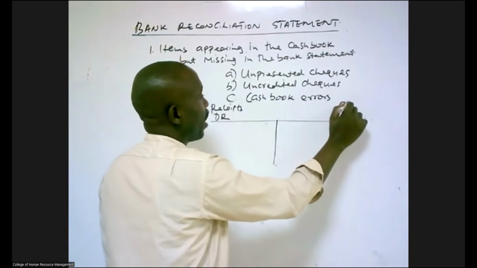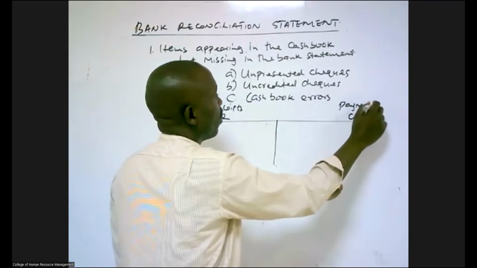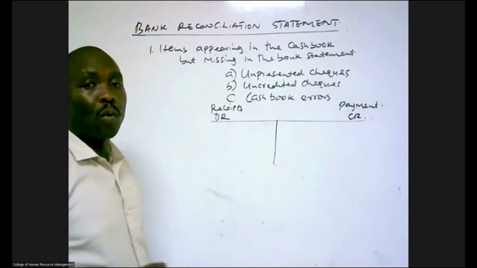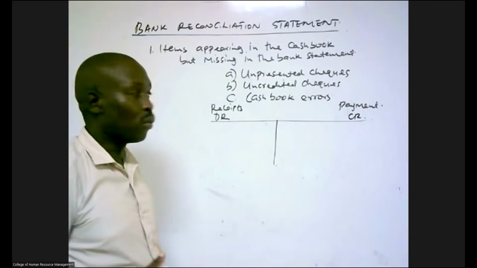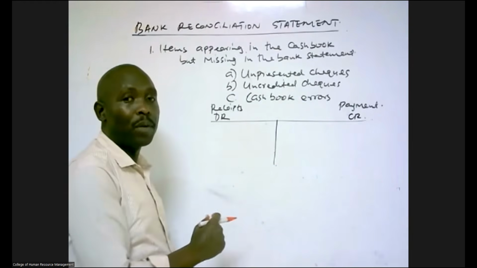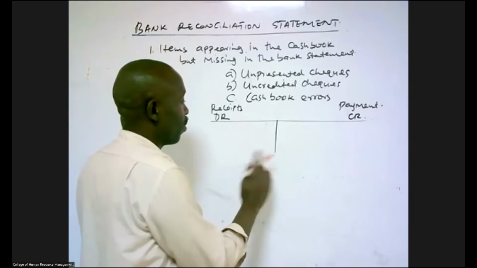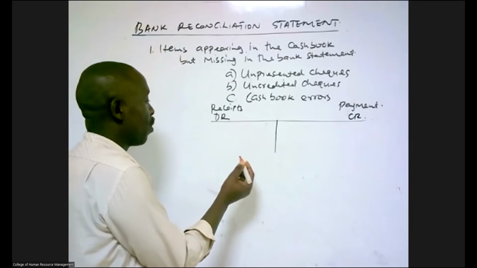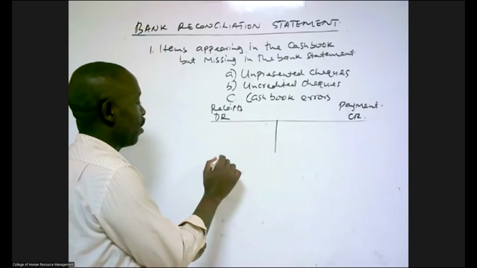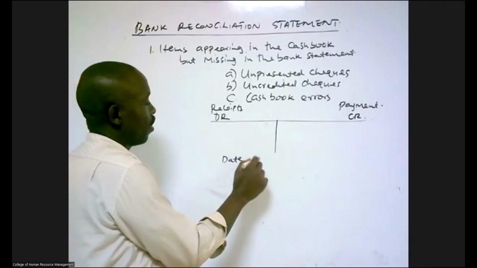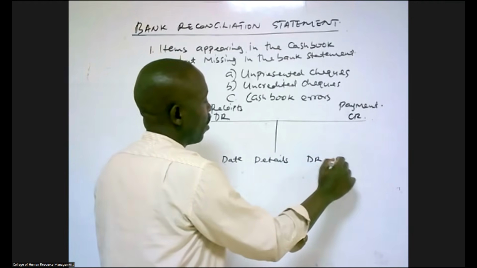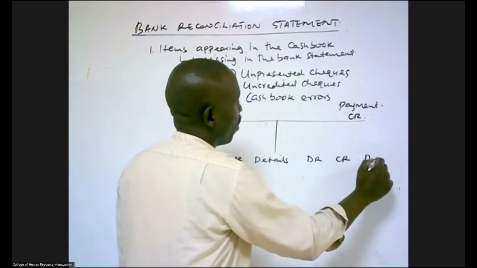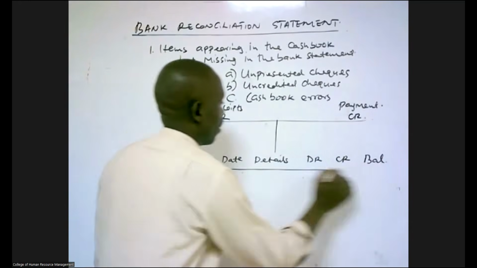Credit records the money out, the payments. So when you go to the bank statement, the opposite will be true. The debit will mean payment. So we are going to have here a sample bank statement with the date, the details, the debit column, the credit column, and the column for the balance.